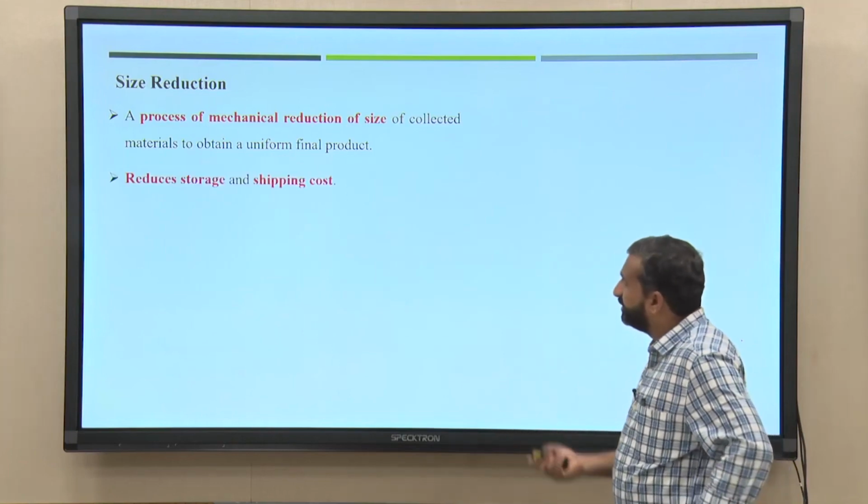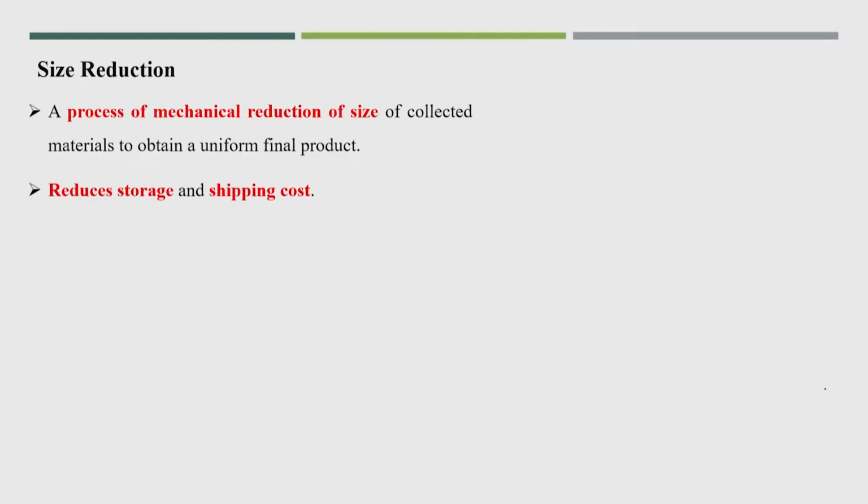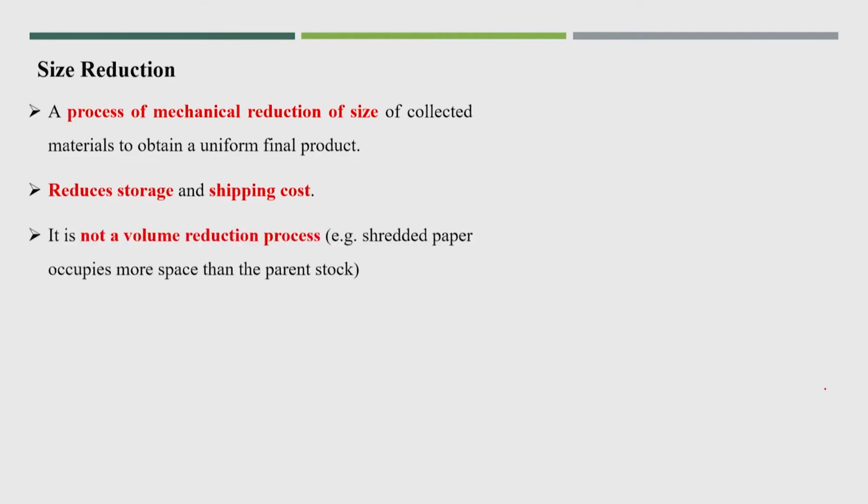Why do we need a uniform final product? To reduce storage and shipping cost, because shipping is easier if the product is uniform. But we need to understand that size reduction is not volume reduction.